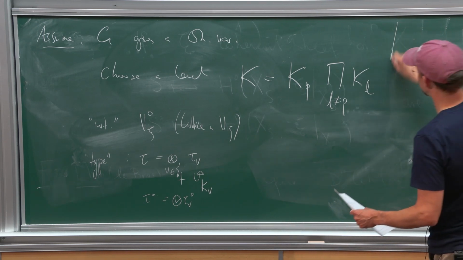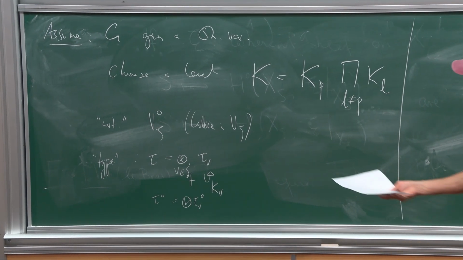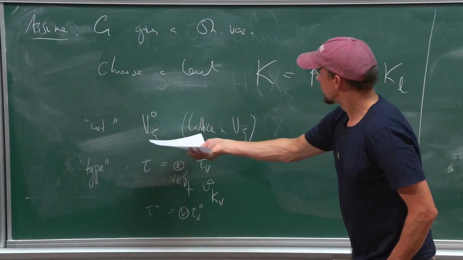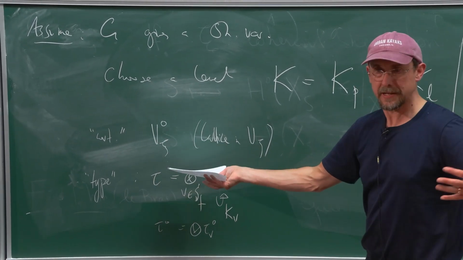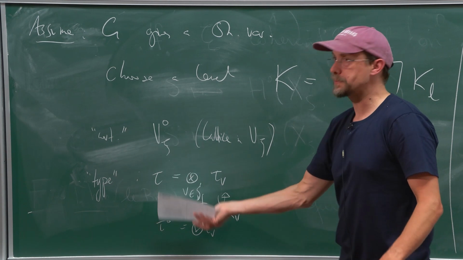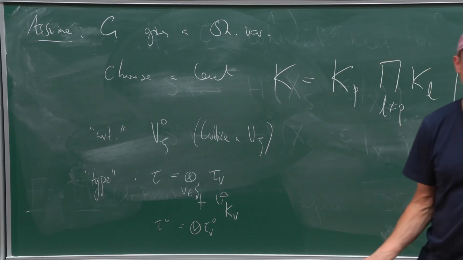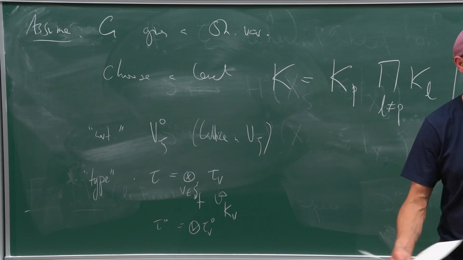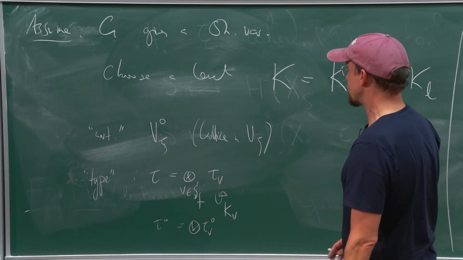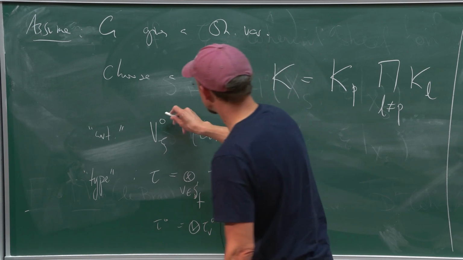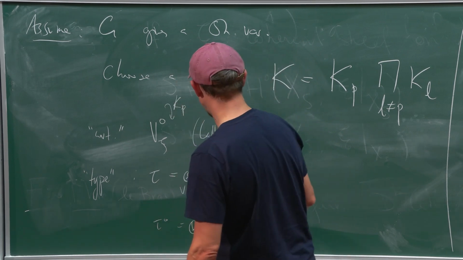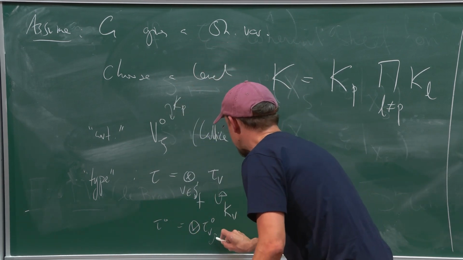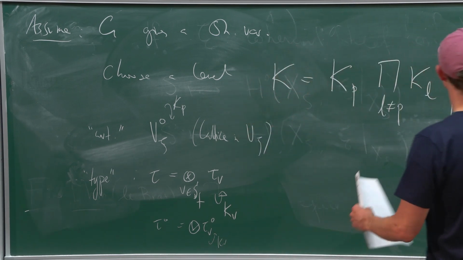And so basically, the weight lets you choose a weight, and these types let you fine-tune the level structure to get different ramification information at different levels. The key thing is that this has an action of K_p, and these things have actions of all the K_v's.